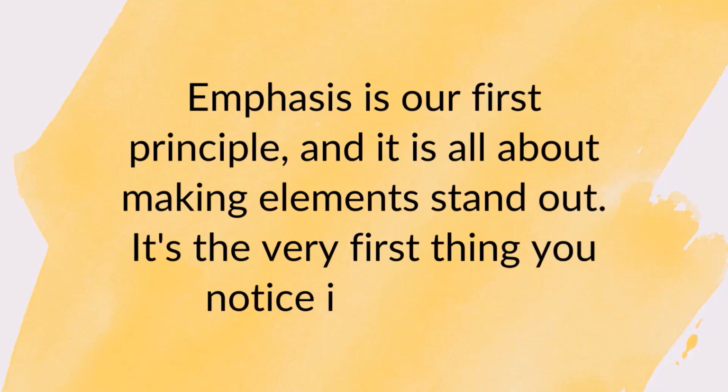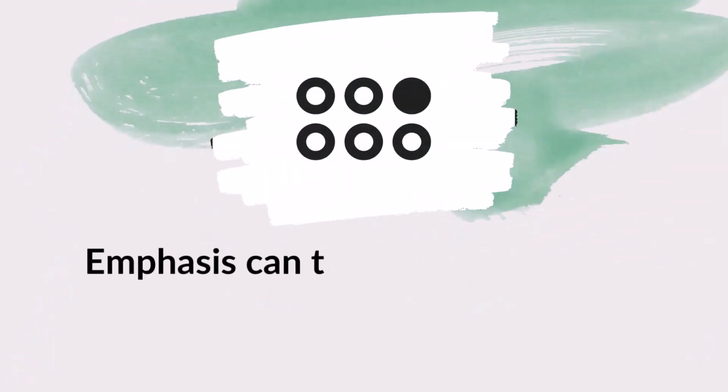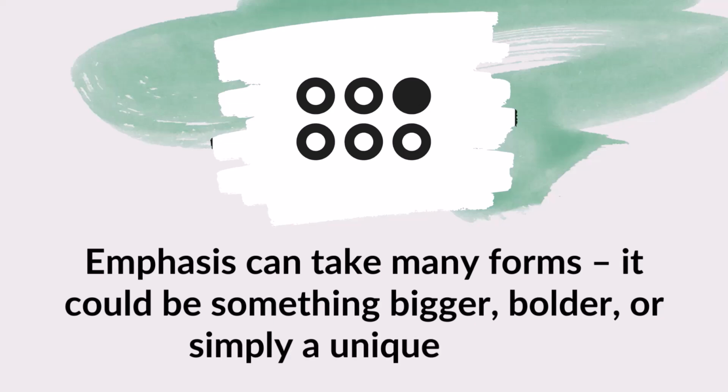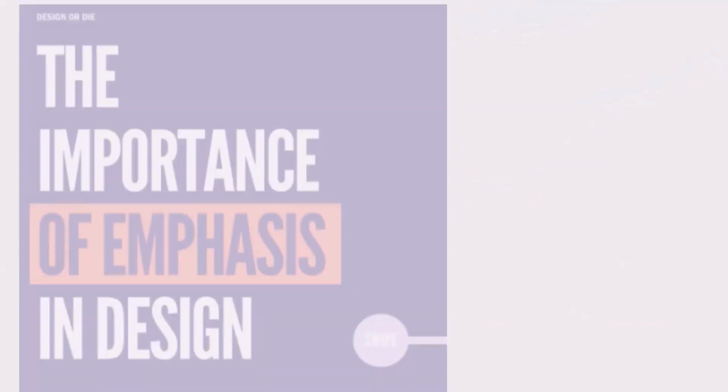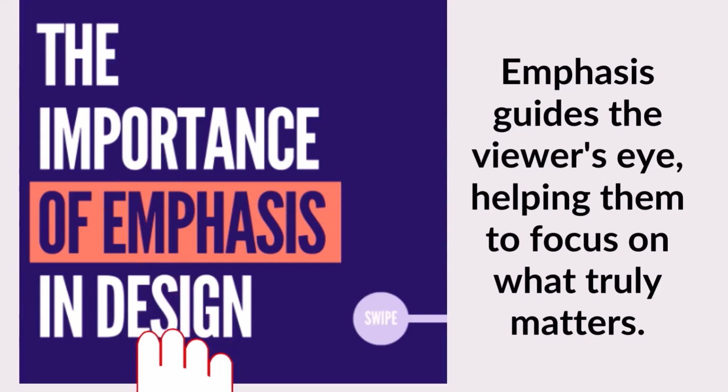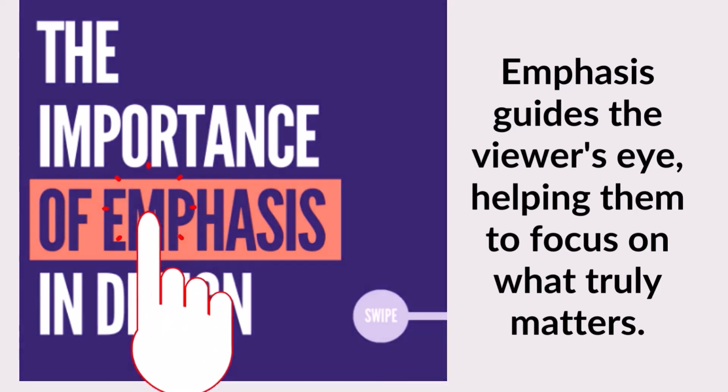It is the very first thing you notice in a design. These things can take many forms. It could be something bigger, it could be bolder, it could be a unique color. So emphasis is of that importance, and it guides the viewer's eyes, helping them to focus on what truly matters, as you could see here. So we have emphasis, and emphasis as an English word helps you focus on what truly matters, and that's what we are seeing right here.